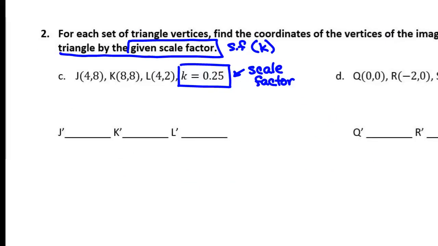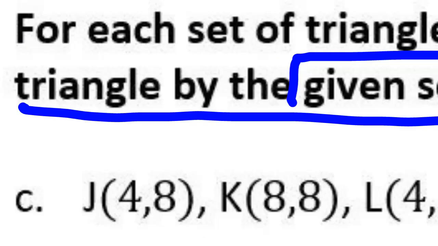The way we do these is we take both the x part and the y part of the ordered pair, and we are going to times it by that scale factor. So I'm going to multiply each of these by 0.25.